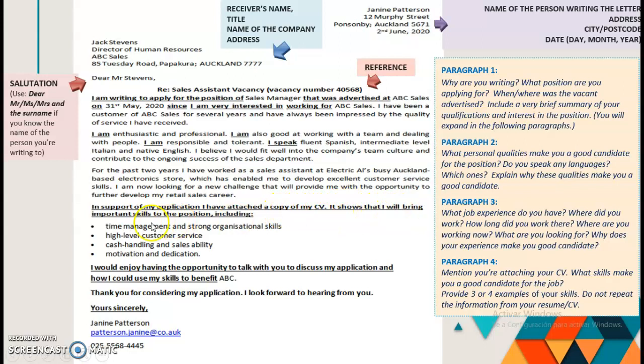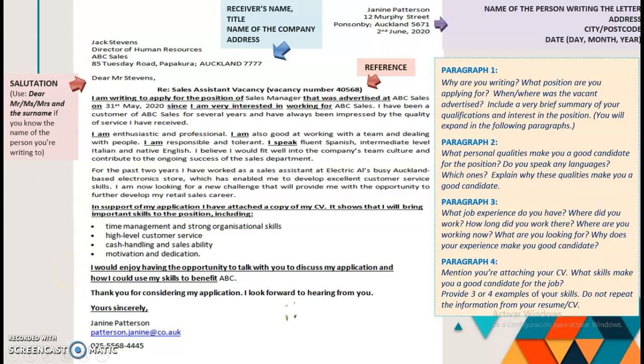It shows that I will bring important skills to the position, including," and this is what changes depending on the person who is writing: "time management and strong organizational skills, high-level customer service, cash handling and sales ability, motivation and dedication."